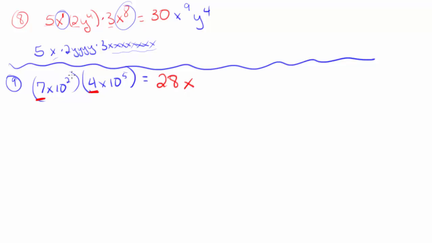And since 10 is the base, we can just add the exponents to get 10 to the 7th. Now the problem is this isn't in scientific notation necessarily, so we have to move the decimal one more place over. So 2.8 times 10 to the 8th, you would add a 1, not an 8.